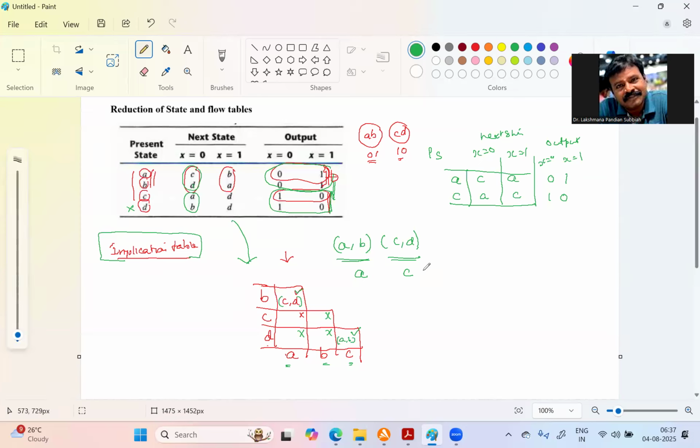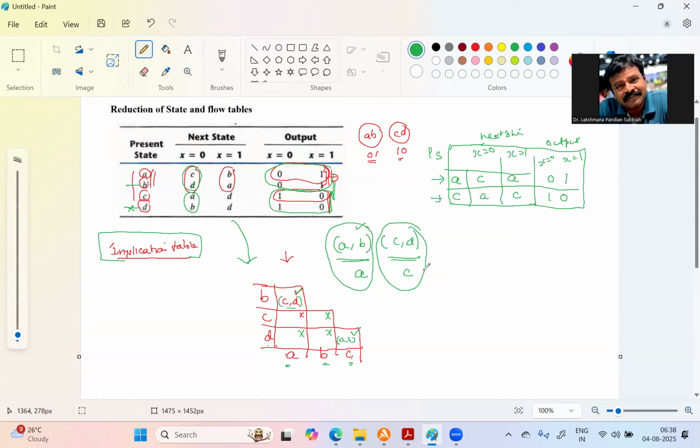So in this way, AB is a pair, and the implied pair is CD. Already AB is a pair, so these two are pairs. In each pair you take one representative, so you remove B and D and write only A and C. Wherever there is B you replace it with A, and for D you replace it with C. So this is the final reduced table for this simple example.